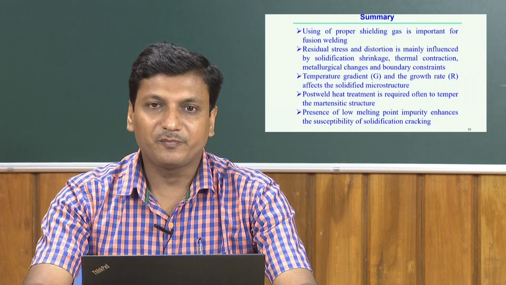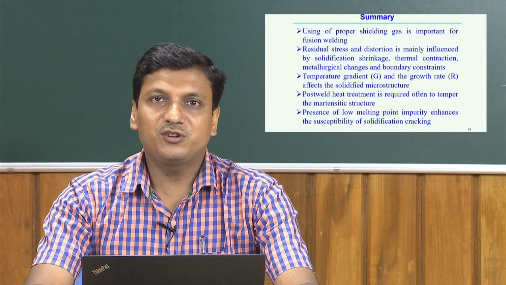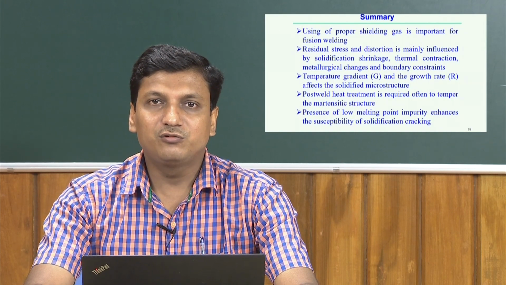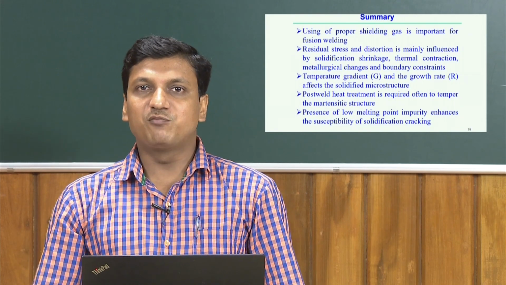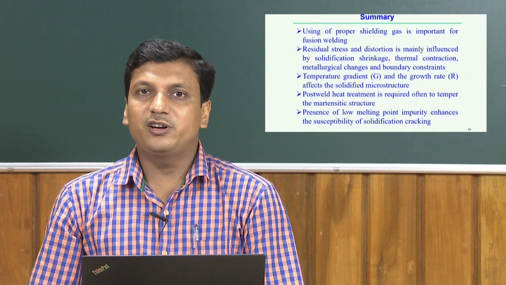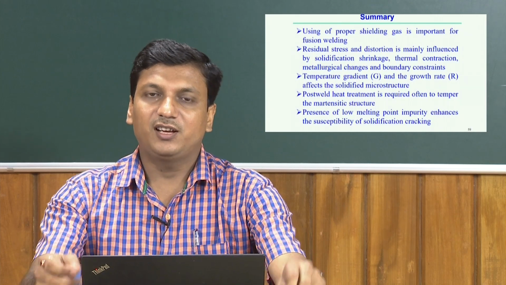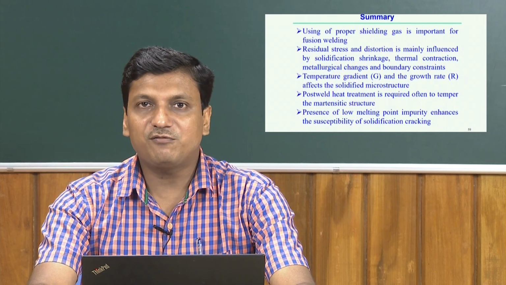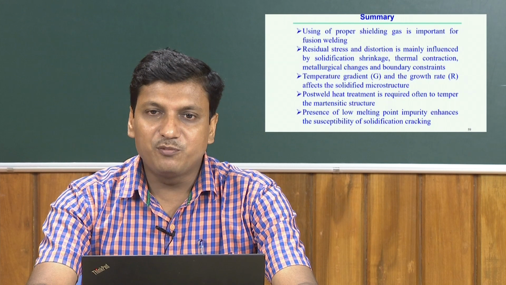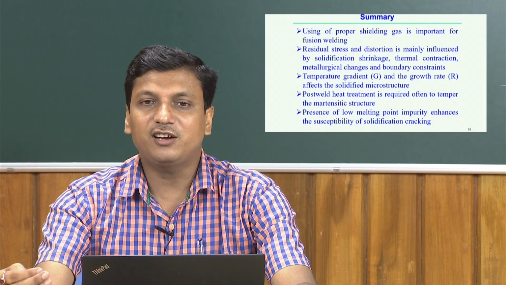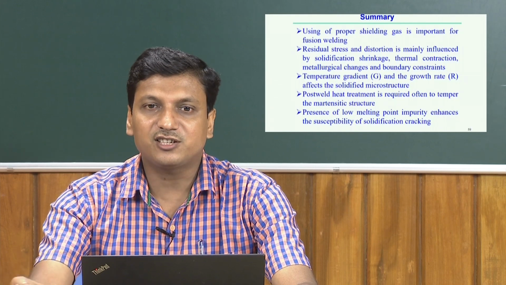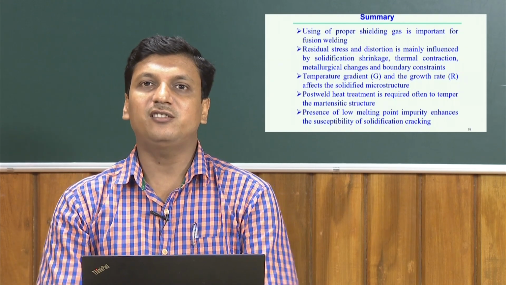Next, post-weld heat treatment is often required for tempering the martensitic structure, and that improves the weld joint properties. Of course, the presence of low melting point impurity elements like sulfur, phosphorus and boron enhances the susceptibility to solidification cracking.